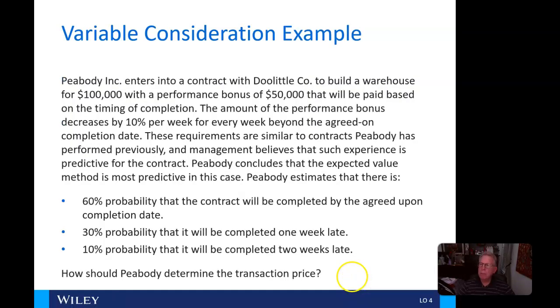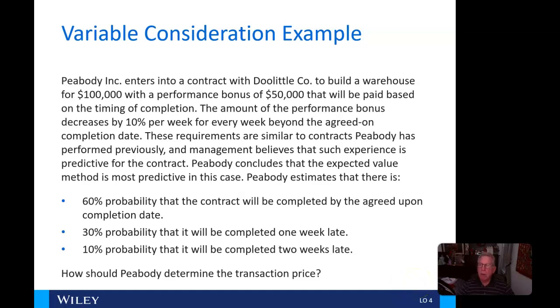Here's an example. Peabody Incorporated enters into a contract with Doolittle Company to build a warehouse for $100,000 with a performance bonus of $50,000 that's going to be paid based on the timing of completion.